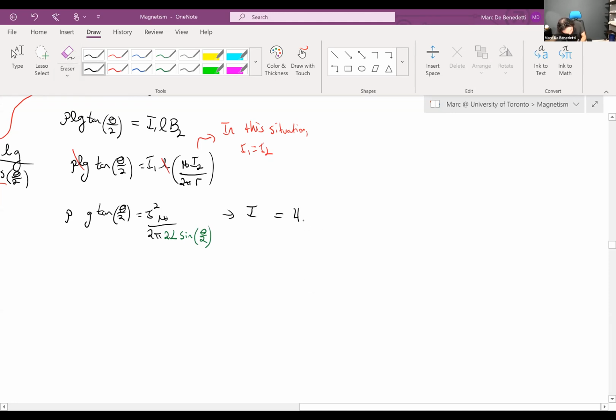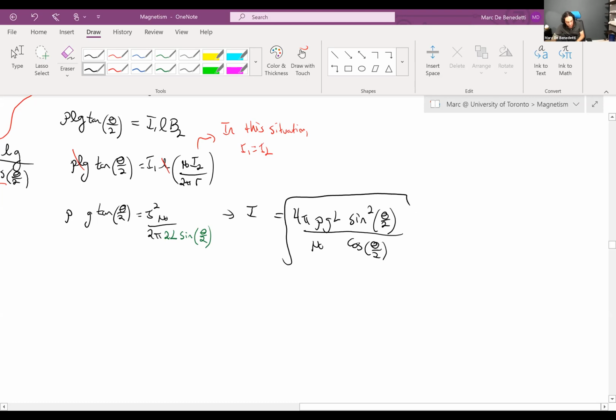Then we're going to have 4 pi. Any other constants? No. Rho GL sine squared theta over 2 over mu naught cos theta over 2, square rooted.